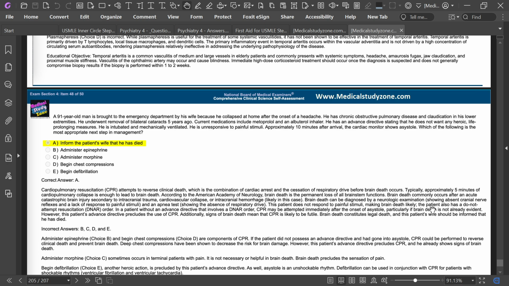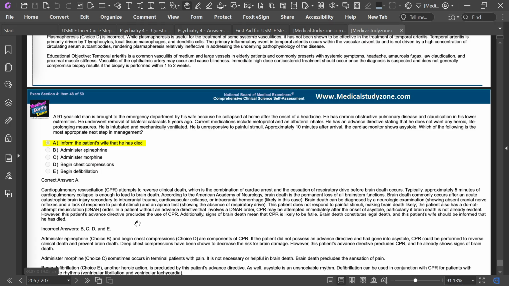The patient has a do-not-resuscitate order. In a patient without an advance directive that involves a DNR order, CPR may be attempted immediately after the onset of asystole, particularly if brain death is not already evident.